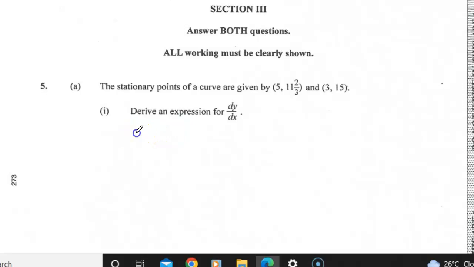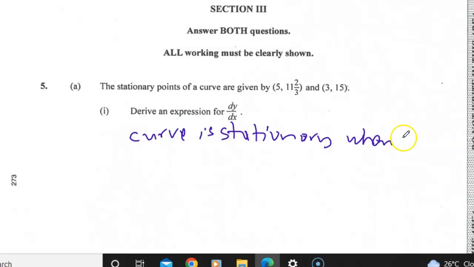So you recall that a curve is stationary when the gradient dy by dx is equal to 0.